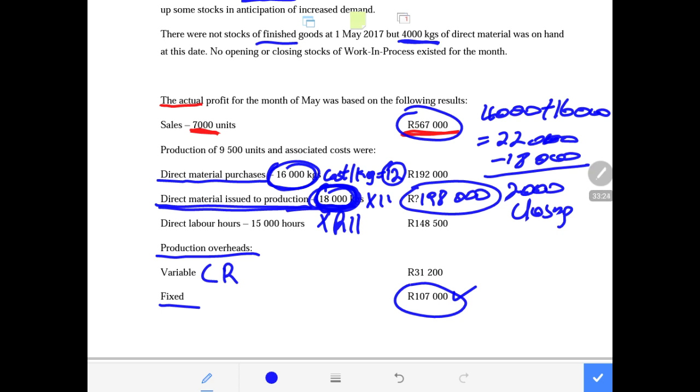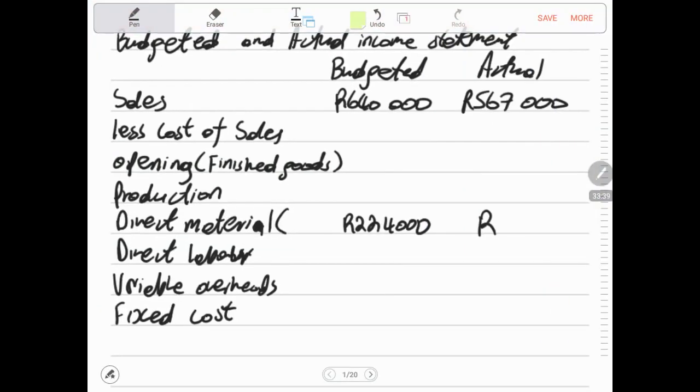All inventory is valued at standard cost, and the standard cost of material per kg is 11 rand. Therefore the total gives us 198,000 rands as the actual material used.